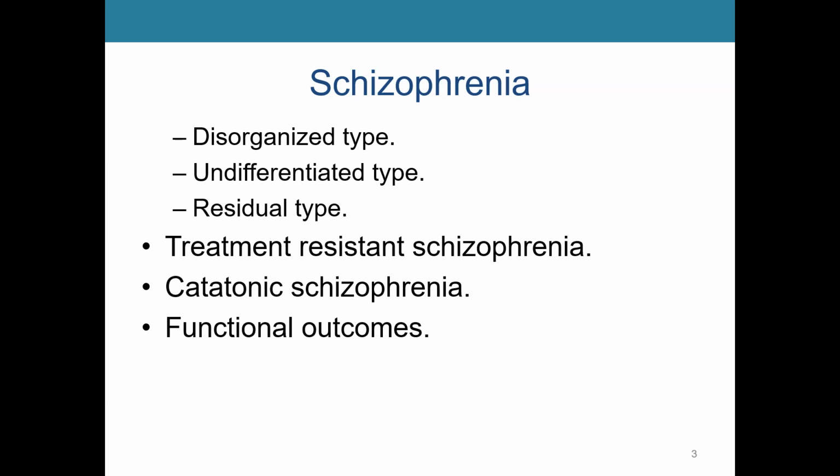It's kind of a catch all. The residual type is for patients who now exhibit less prominent symptoms of schizophrenia, but did so in the past. Longitudinal studies find that 50 to 70% of individuals diagnosed with schizophrenia exhibit chronic symptoms, and the remaining 30 to 50% of patients tend to exhibit residual features of schizophrenia.